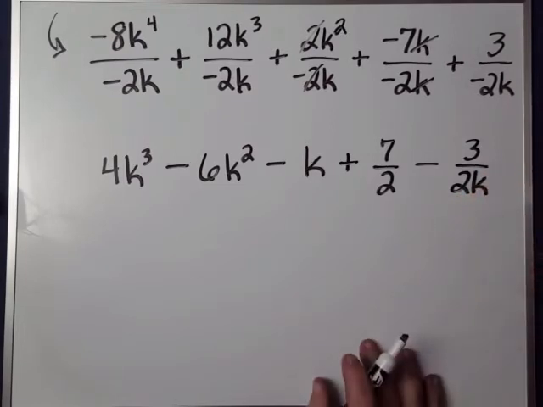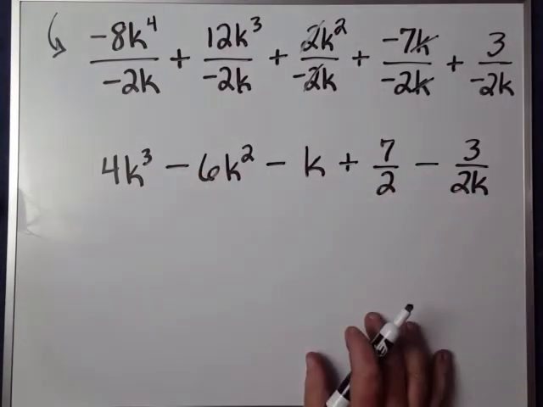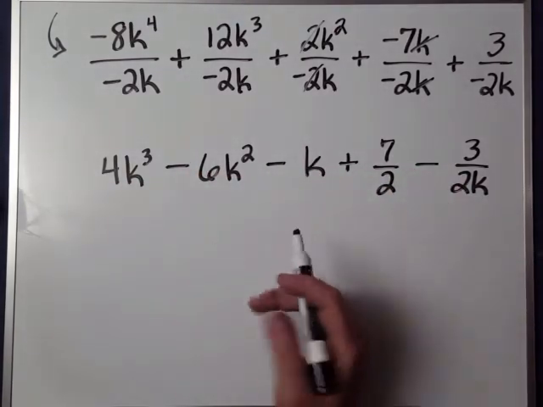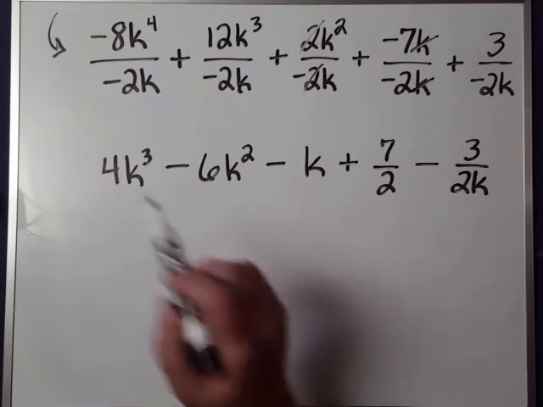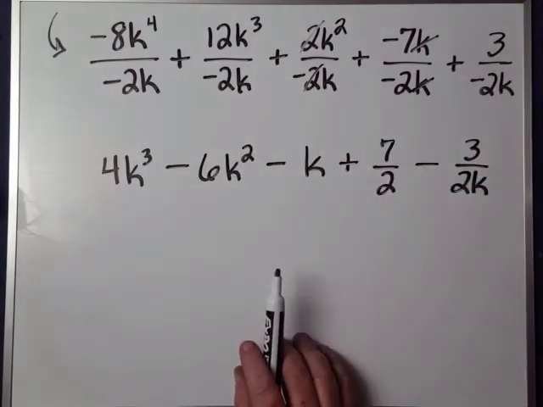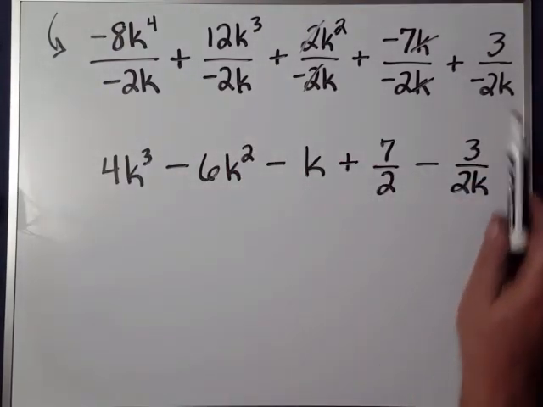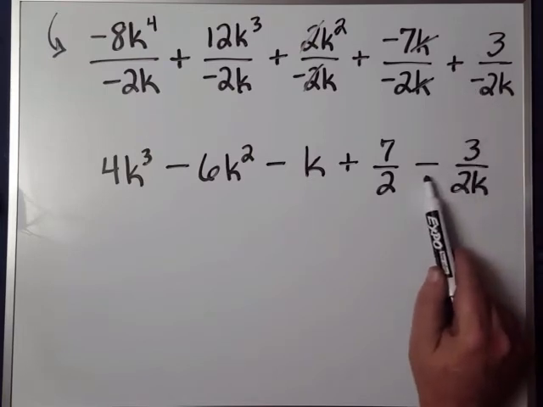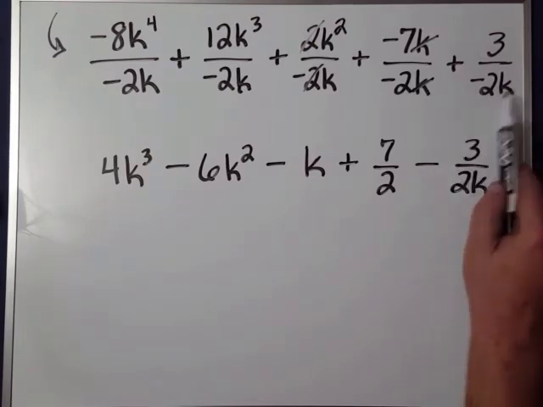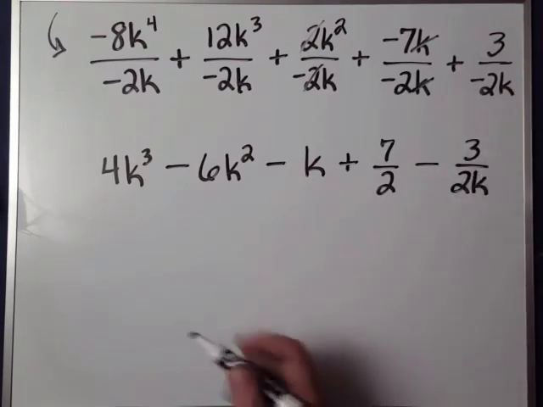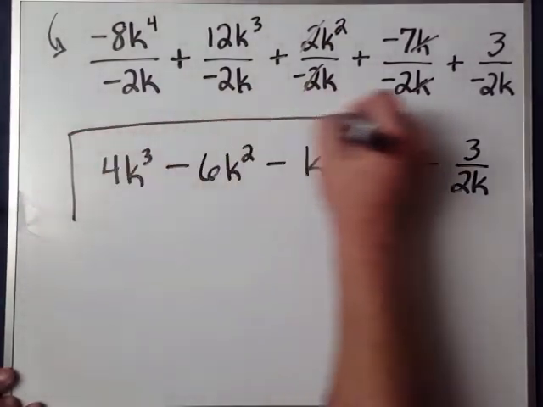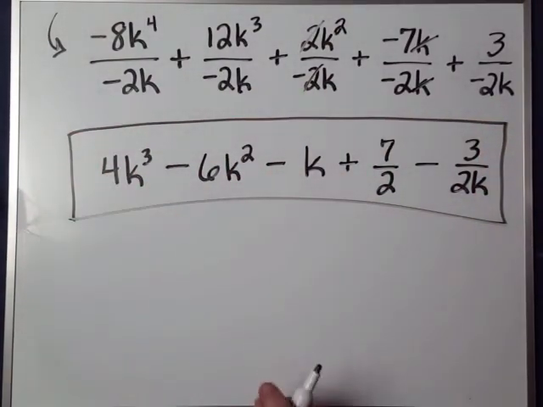You're just simplifying each of these 5 terms. So practically that means you're reducing every one of these fractions. We got down here to the end. A positive over a negative gives me minus, and the rest of it could not be reduced, so leave it alone. And that's my answer.